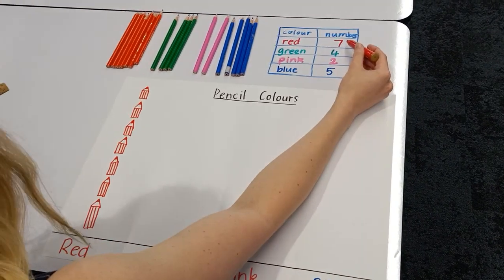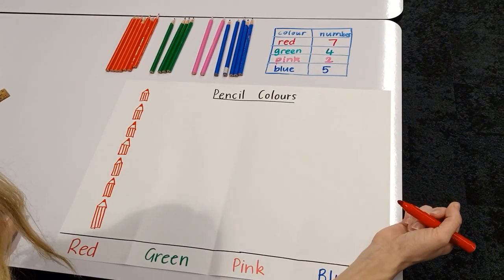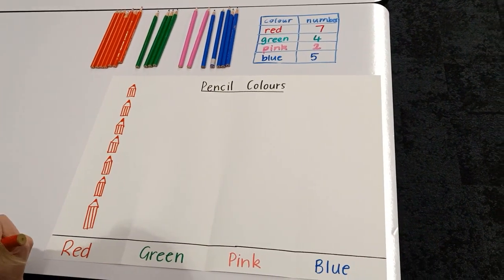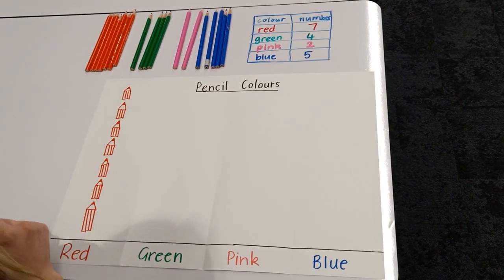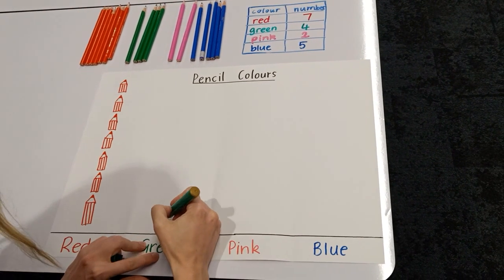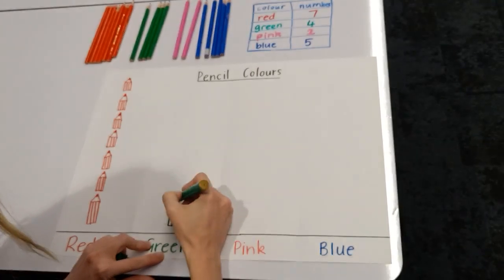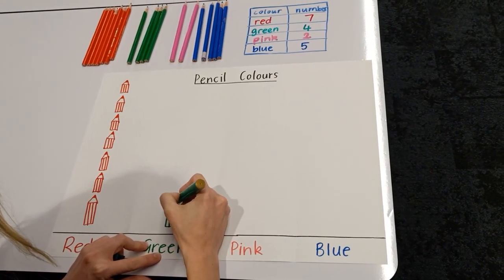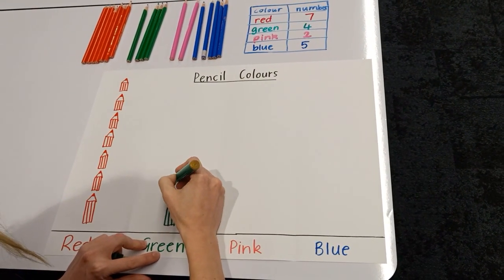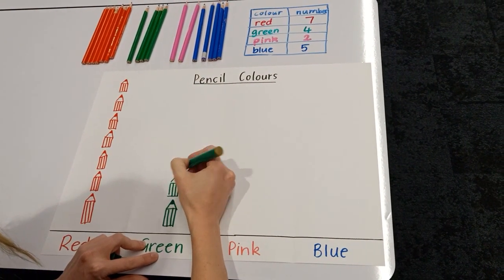So how many pencils am I going to draw above green? Did you say 4? I think I heard you say 4. All right. Let's draw 4 pencils above green. What I really love to see in picture graphs is when people have tried really hard to make their pictures nice and neat.